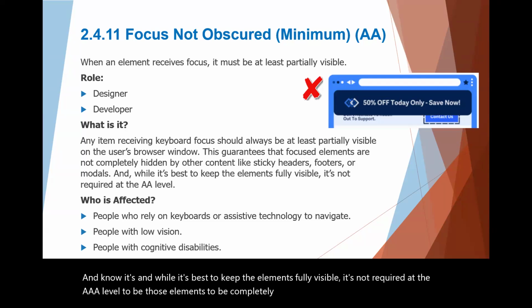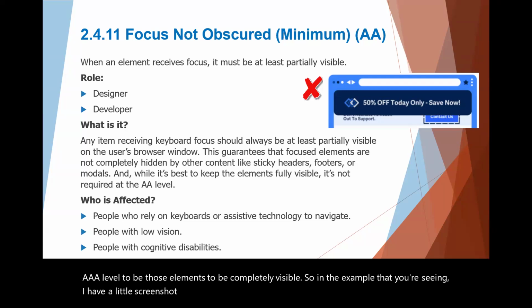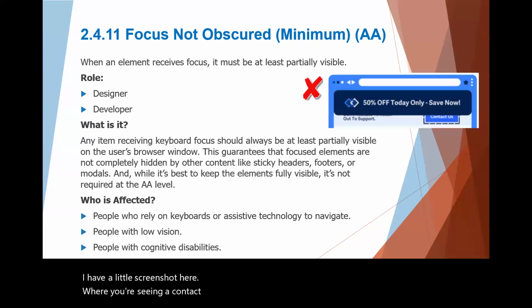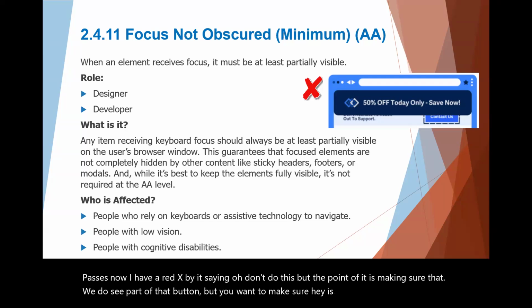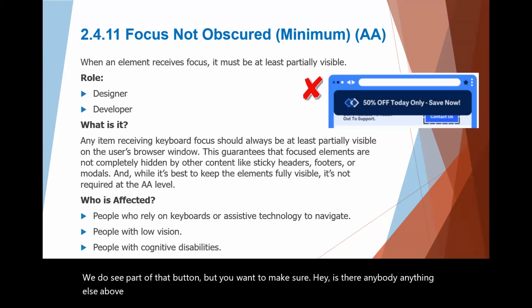So in the example that you're seeing, I have a little screenshot here where you're seeing a contact us button that is partially obscured, and that actually technically passes. Now I have a red X by it saying, oh, don't do this. But the point is that we do see part of that button, but you want to make sure, is there anything else above that contact us that's out of view?